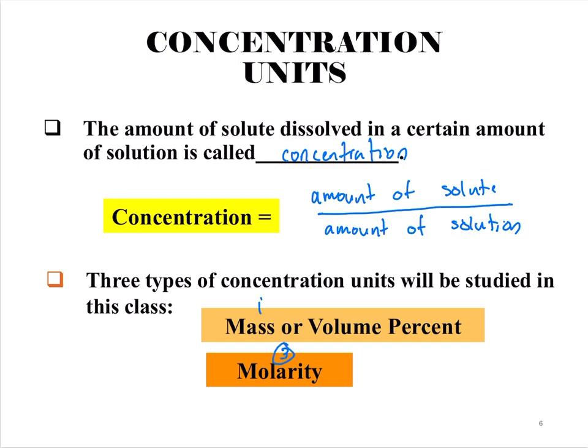In the percent category, you can have a mass to mass percent concentration, a mass to volume percent concentration, and a volume to volume percent concentration. Molarity is going to be the most prominent in chemistry. This is the concentration we use in chemistry most of the time.